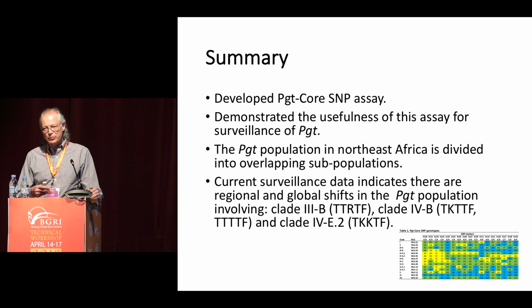And it's not only in PGT, the same thing is happening in striiformis also. One of the questions that really needs to be addressed is what has changed? Why are we seeing these rapid population shifts now that we didn't see 20 years ago?